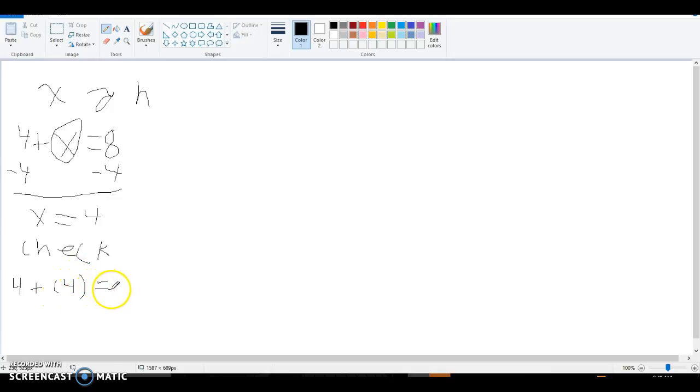The reason for this is because if you find a variable where it's squared or cubed and it's a negative number, it makes a difference if you square a negative number in parentheses, or if there is no parentheses and you square it, it will give you two different answers. For this case, we don't have to worry about that issue. But as you can see, 4 plus 4 equals 8, so 8 equals 8, and our solution worked.